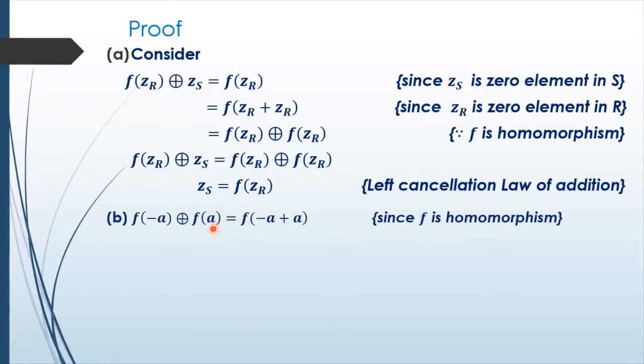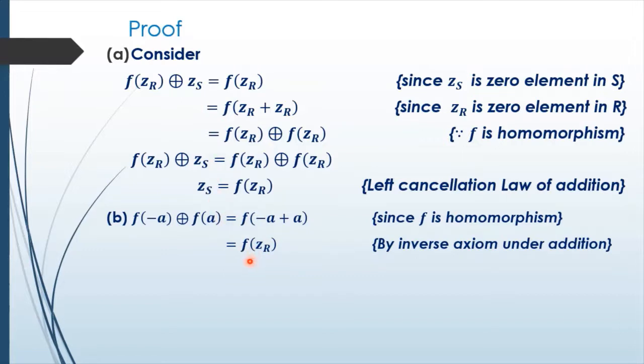Now to prove that f of minus a is the additive inverse of f of a, we consider f of minus a plus f of a. As f is a homomorphism, this can be rewritten as f of (minus a plus a). But this is equal to f of Zr, using the inverse axiom in R. And f of Zr is proved to be Zs in the first part.